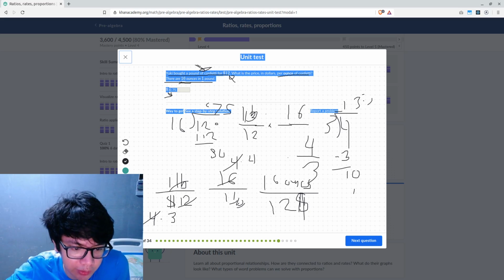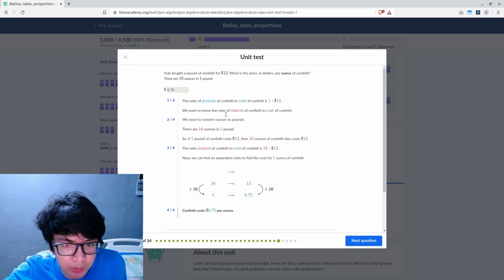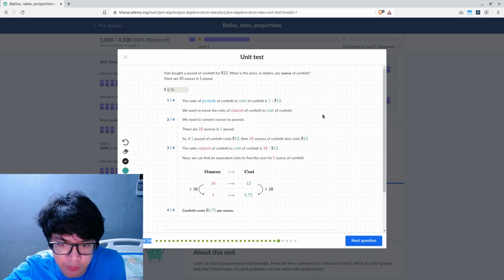Let's see. Oh, let's see step solution. Oh shoot, of course I could do 16 to 12. Just 4 to 3.